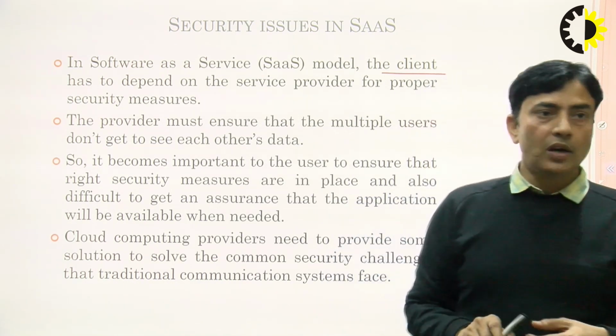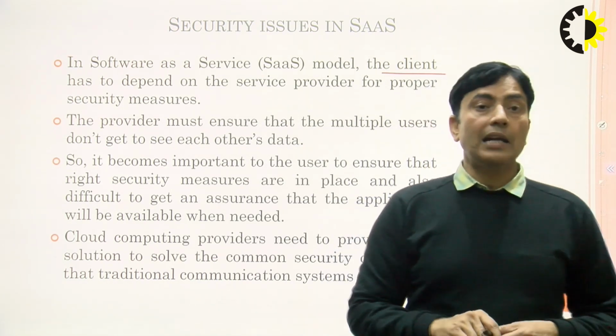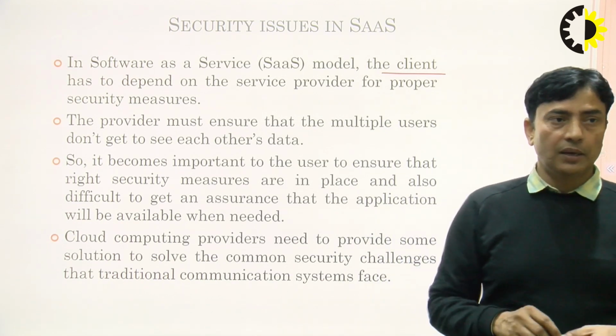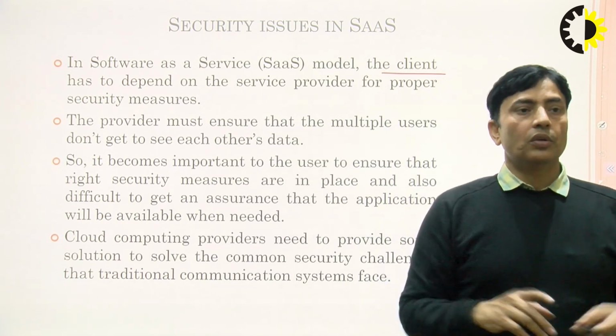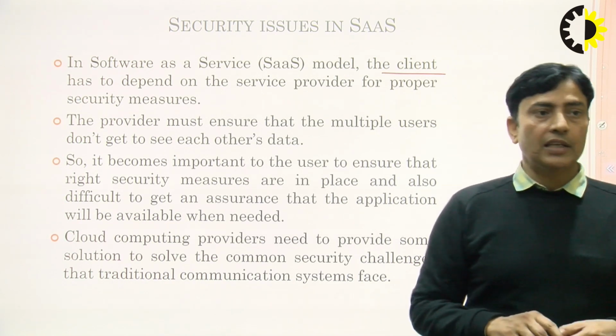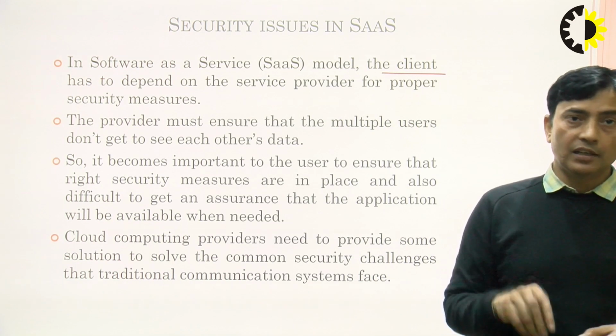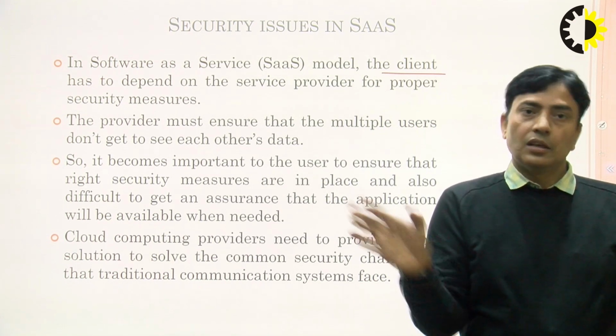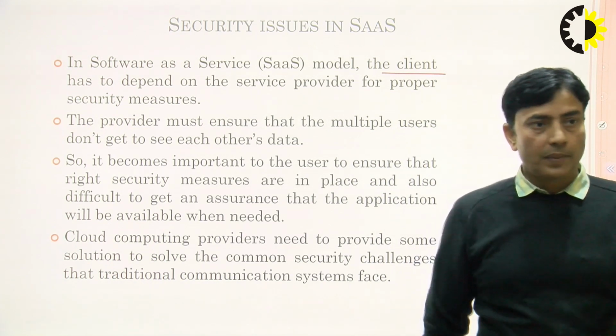So it becomes important for the user to ensure that the right security measures and countermeasures are in place. Also, it is very difficult to assure that the application will be available when needed. This means availability assurance, that it should be available whenever needed.